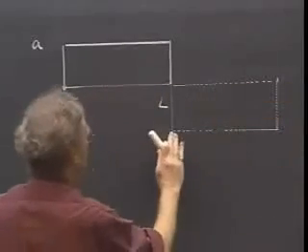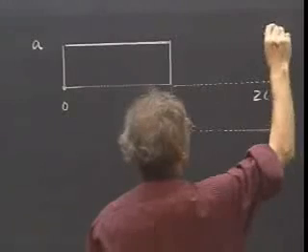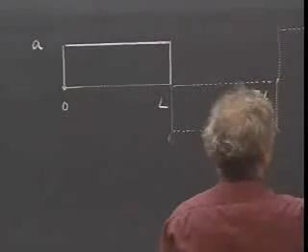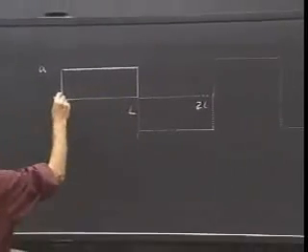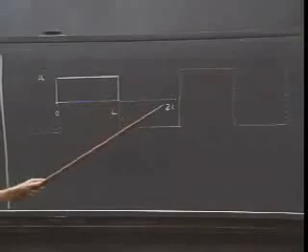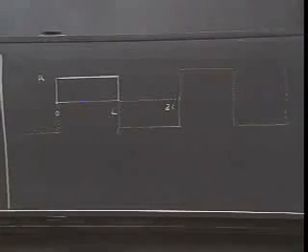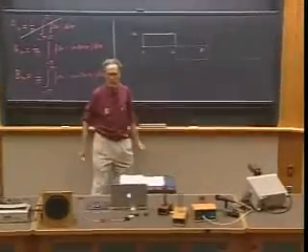So I'm adding this. I make it 2L, but I go much farther. I go on, and go on, and go on, and go on. So I'm going to define it between 0 and 2L, and that's periodic. Notice that this pattern now, up square, down square, is periodic.